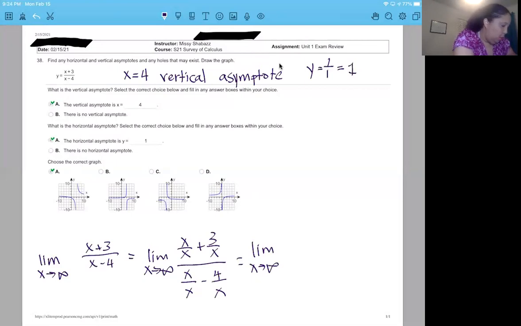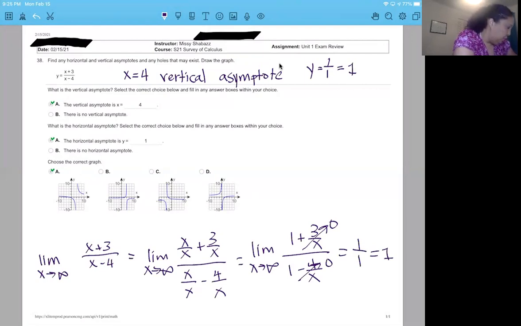And that would reduce to 1 plus 3 over x over 1 minus 4 over x. And we know if the top is constant and the x is going to infinity, then that term is going to 0. So I end up with 1 over 1, which equals 1. So y equals 1 is my horizontal asymptote, and x equals 4 is my vertical asymptote.